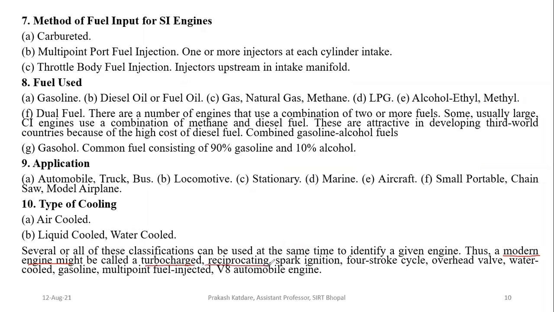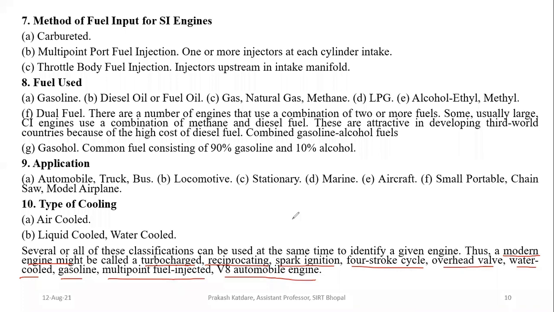It is a reciprocating engine, spark ignition, four-stroke cycle, overhead valve, water-cooled, gasoline, multi-point fuel injected V8 automobile engine. So the same engine we can classify into different categories. It is not compulsory that a particular engine can be classified only in one way. It can be classified in multiple ways.